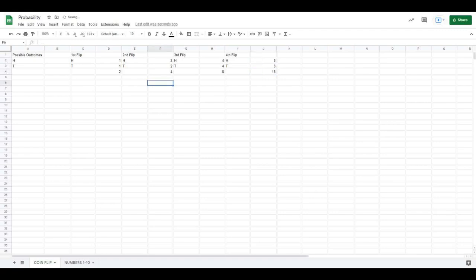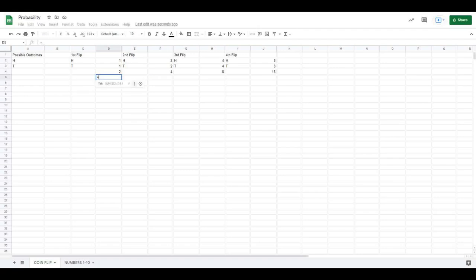Now, what you'll notice with each of these is that every time I add a flip, it's doubling the total number of outcomes. And this is because there's a new heads and a new tails option for what the previous outcome was like, essentially. So you can actually write these as 2 to the power of something.